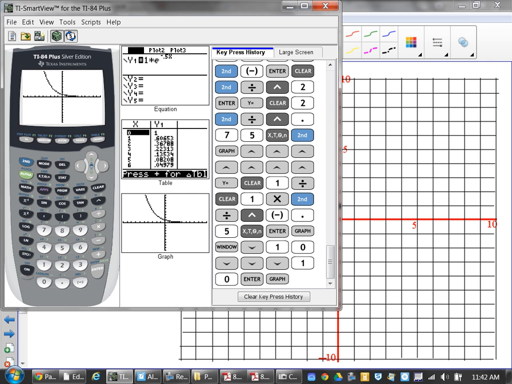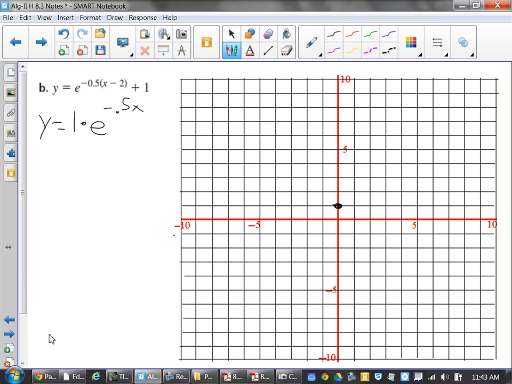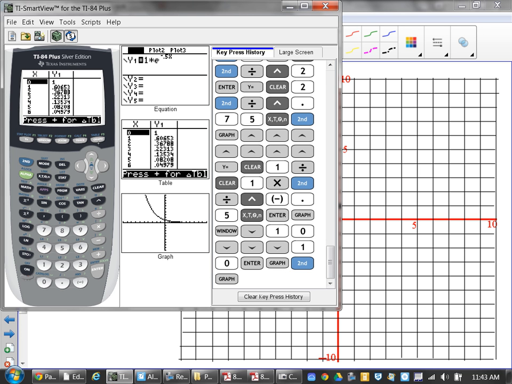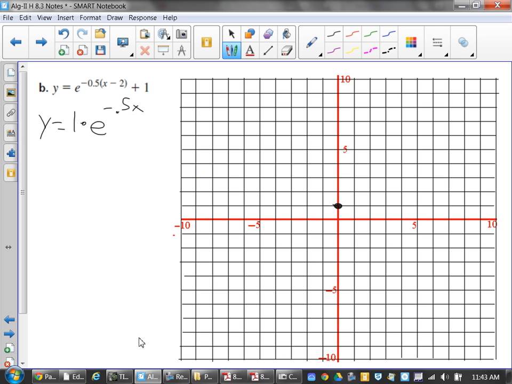So for my parent function, we know that we had a y-intercept at 1, because that was your a value. But you also go to the graph to figure out the secondary point: (-1, 1.6).